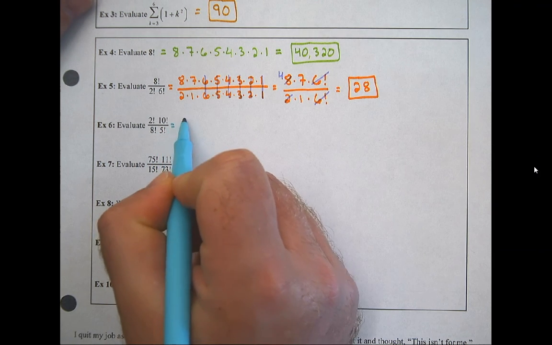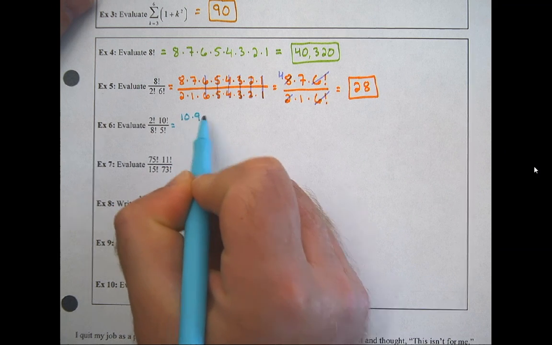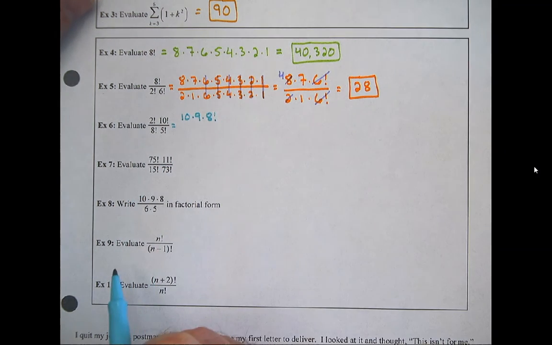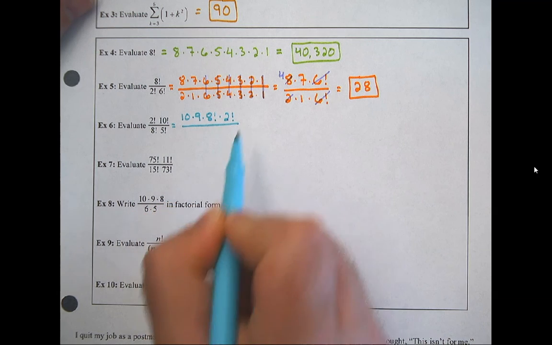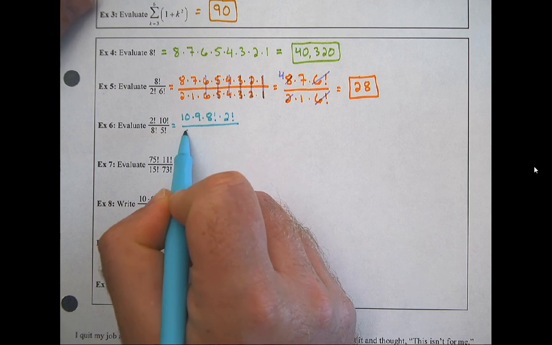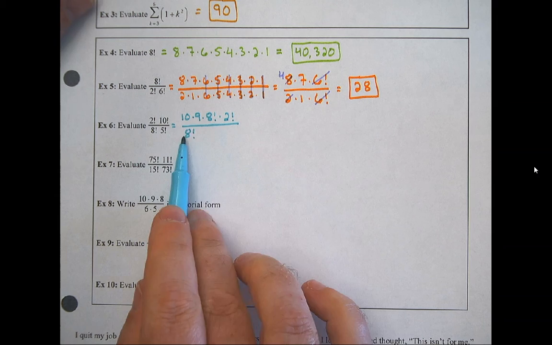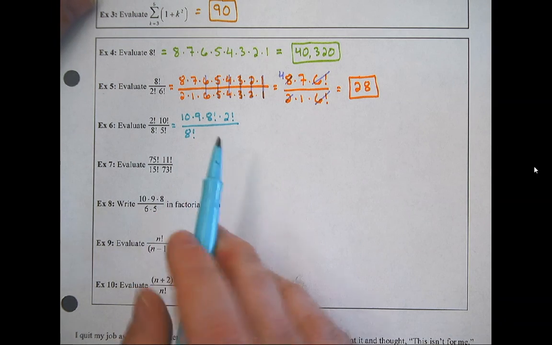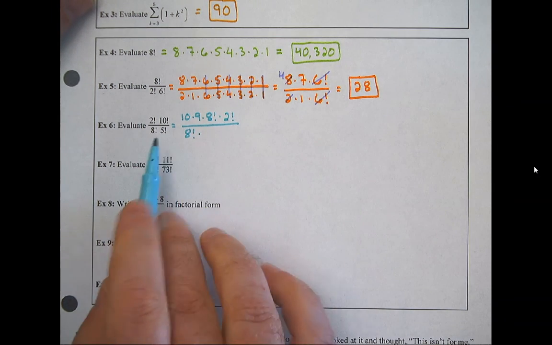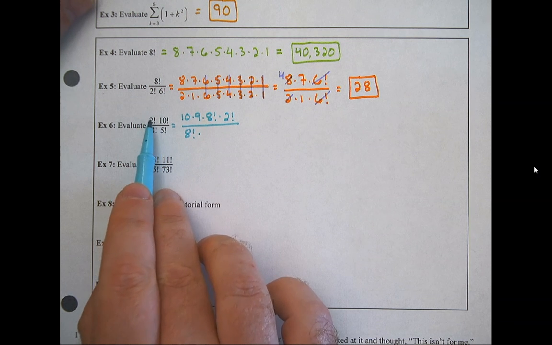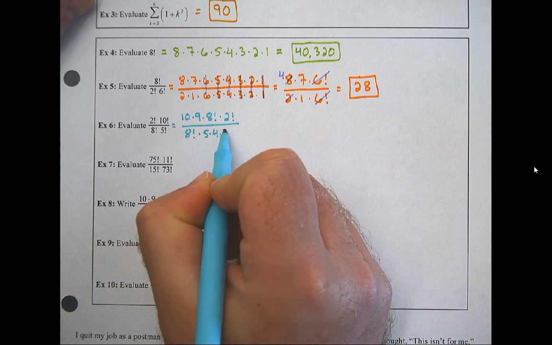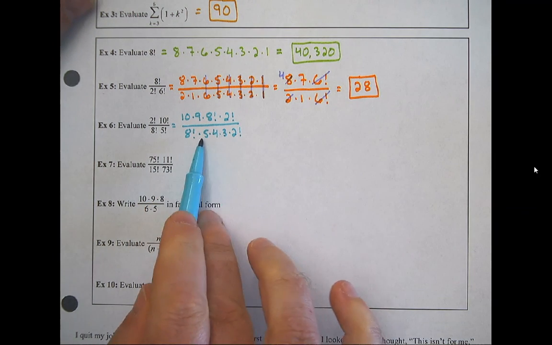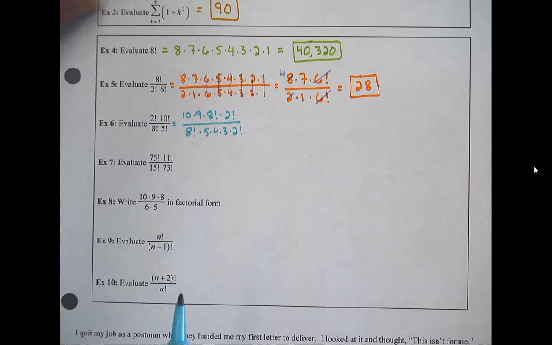So I'm going to break up 10 factorial as 10 times 9 times 8 factorial, times 2 factorial, over, now I've got the 8 factorial. I want to leave that as an 8 factorial, so those two things will cancel out. Now I'm going to manage the 5 factorial, but the 5 factorial contains the 2 factorial. So I'm going to break down the 5 factorial until I get to 2 factorial, and then I'm going to stop. 5 times 4 times 3 times 2 factorial.